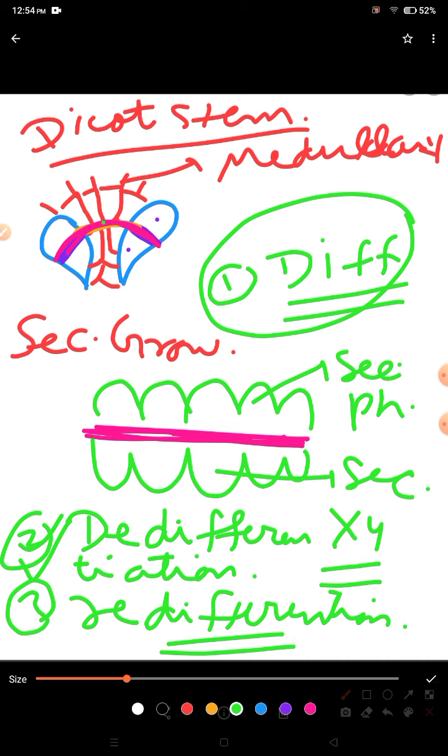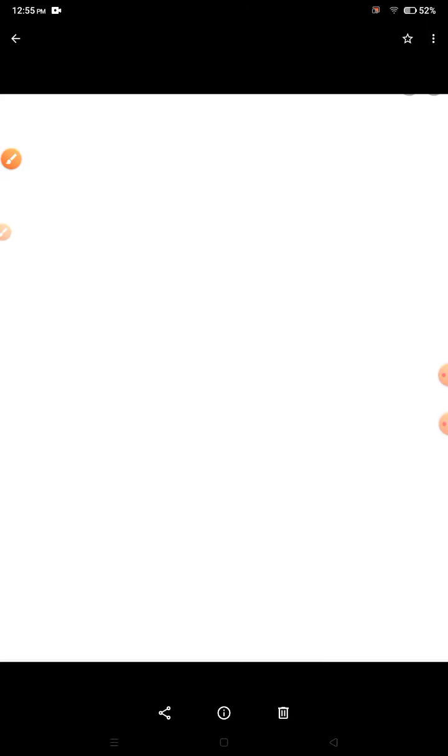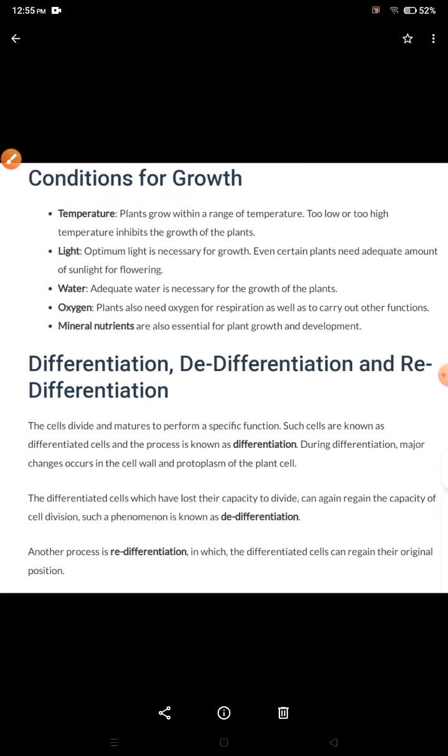I think the concept of differentiation, de-differentiation and re-differentiation is very much clear to you all. These are the definitions given. You can copy from here. What is differentiation? That is, cells divide, mature to perform the specific function. This is known as differentiation.